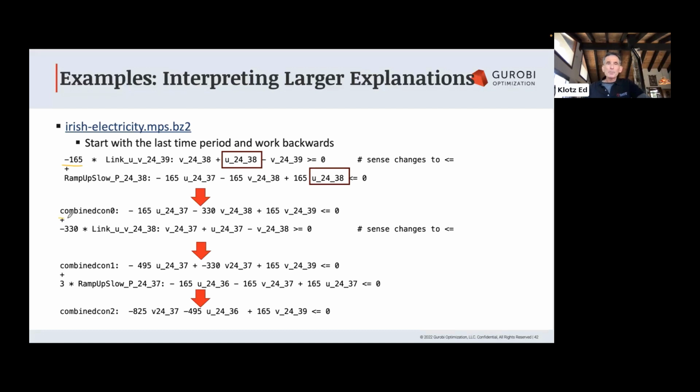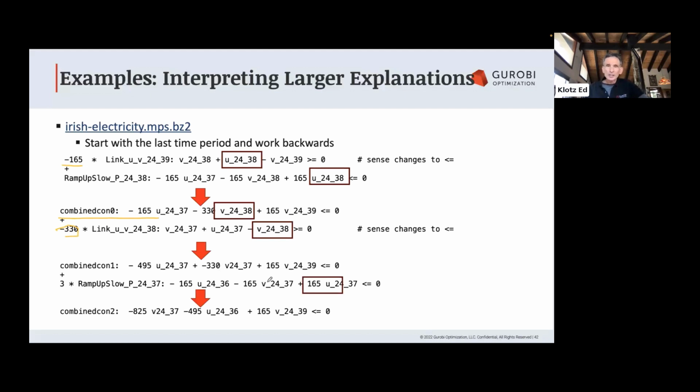We now get a combined constraint, and then we can again identify a variable in common with the combined constraint and the next constraint in the ordering as we work backwards to the second to last time period. And again, we pivot, in this case, multiplying by minus 330 to do the elimination.